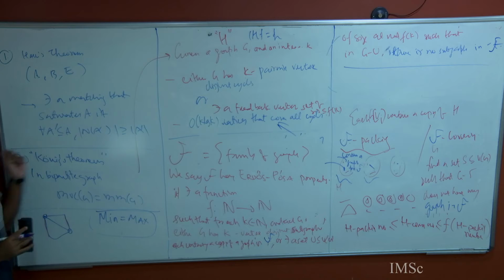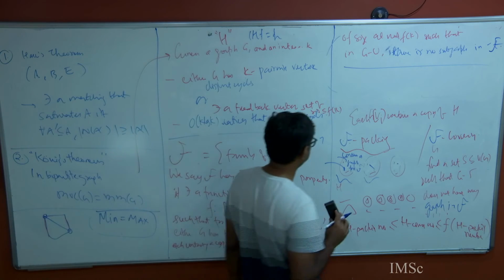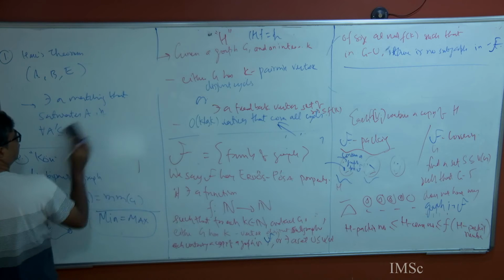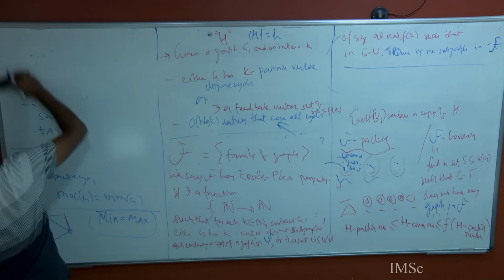This is what we are going to show: either a graph contains k vertex disjoint cycles, or there exists some order k log k vertices which, if we remove them from the graph, leave no cycle. That is, either there exist k disjoint cycles, or there exists a feedback vertex set of size at most big O of k log k. Is that fine? If everything is clear, let us move to proving this theorem.